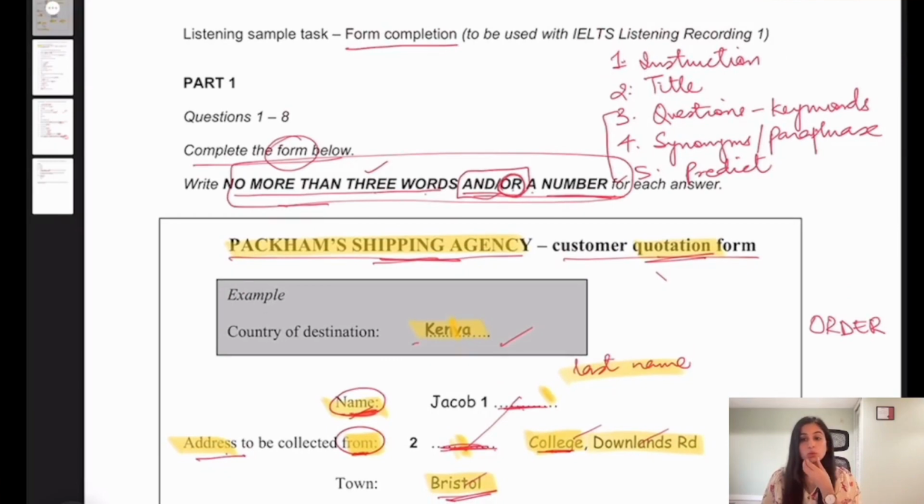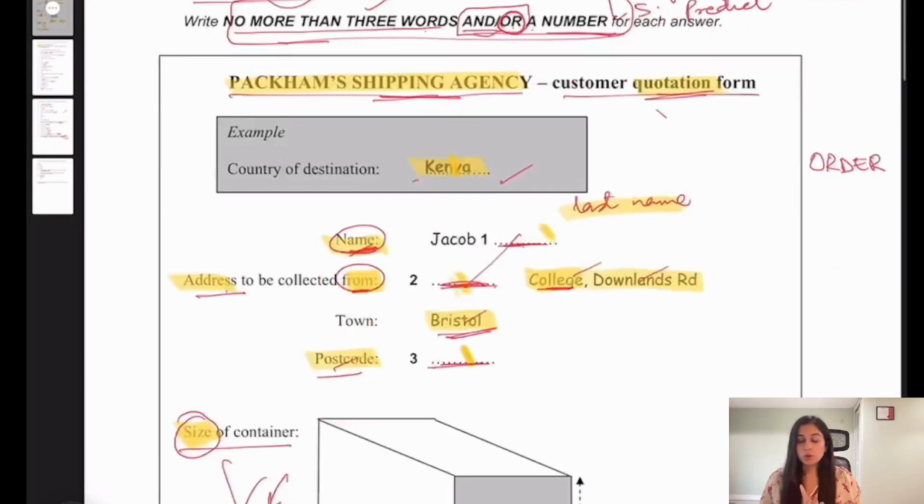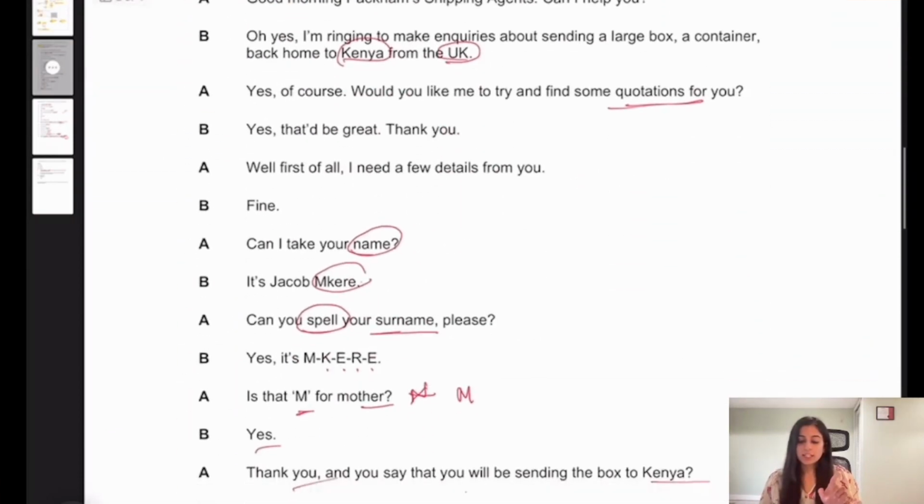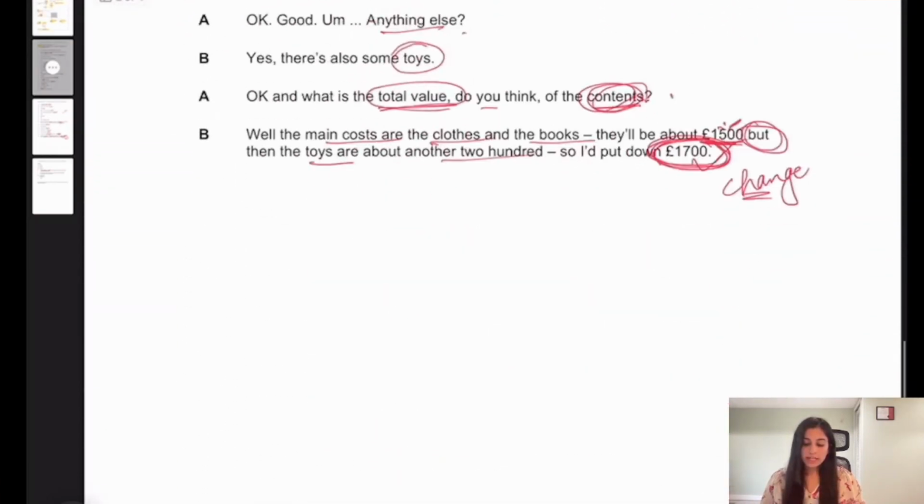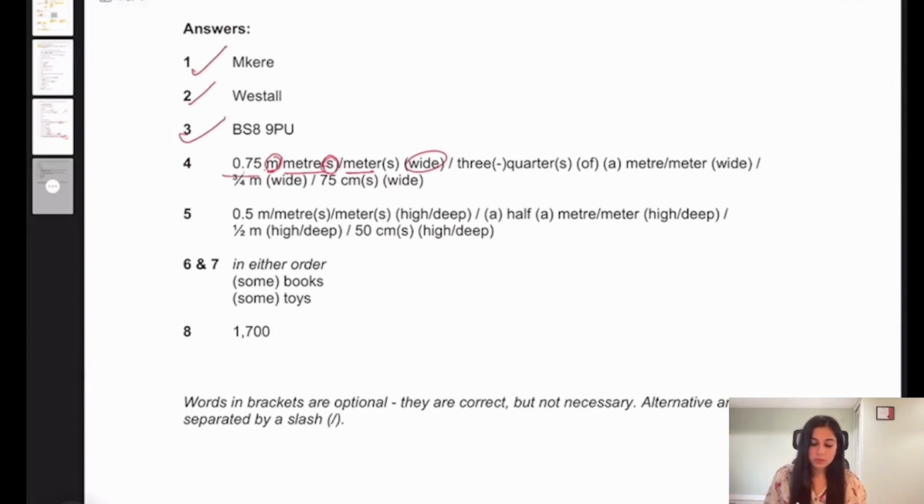However, if the question was no more than one word and or a number, in that case the only right answer would have been this and this. Okay, so these are the different combinations you can use. Then books and toys, this would be correct. If you write some, that is also fine.